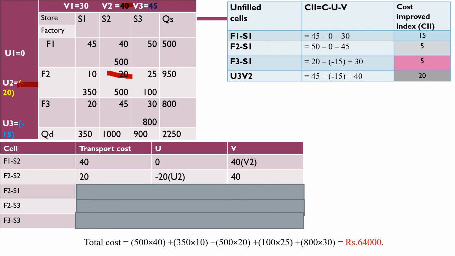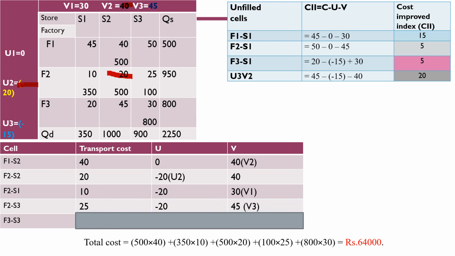Then in the next one, we can substitute this U, minus 20, to calculate the V1 value. Then we can find the V1 value as 30. And with the V1 value as 30, we can substitute the same U value to find the V3 value as well.